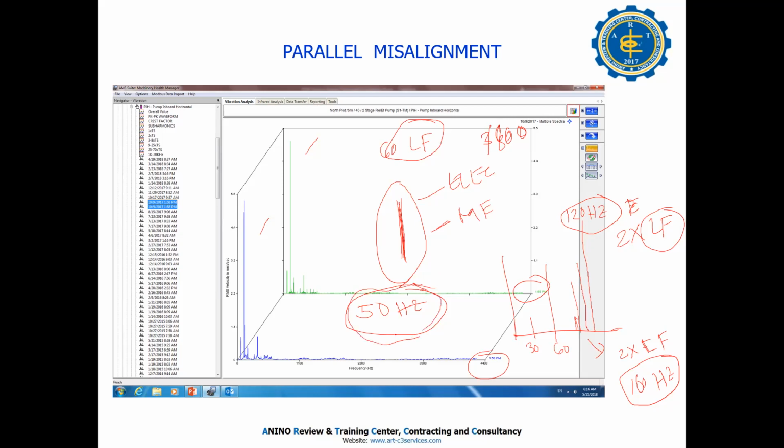But if your line frequency is 60, the electrical and mechanical people have a quarrel, because mechanical says it is electrical and electrical says it is mechanical. That's why we have to do the phase analysis.